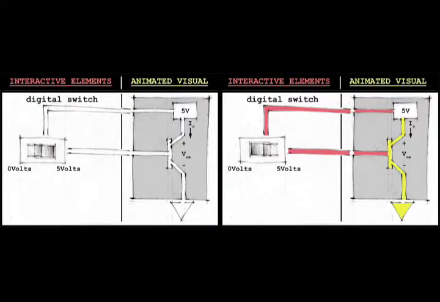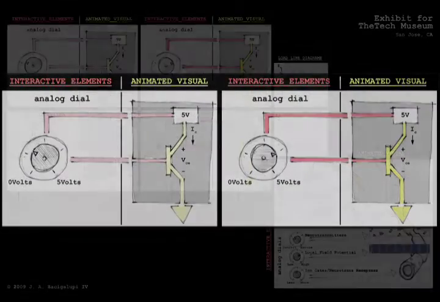In the digital case, we have this switch, so it goes from 0 to 5 volts. At 0 volts, no current flows, and when someone switches an actual physical switch to 5 volts, it causes all the current to flow.